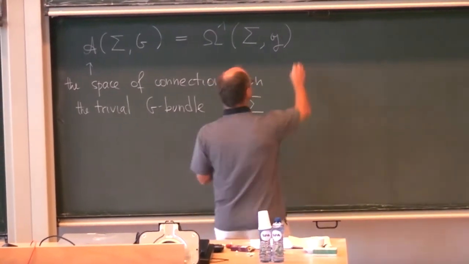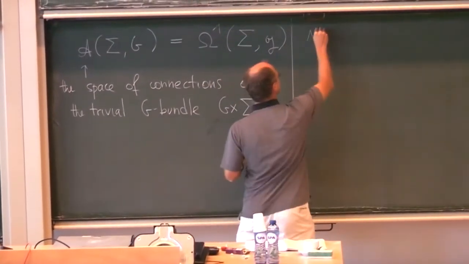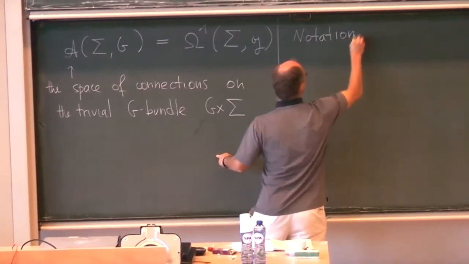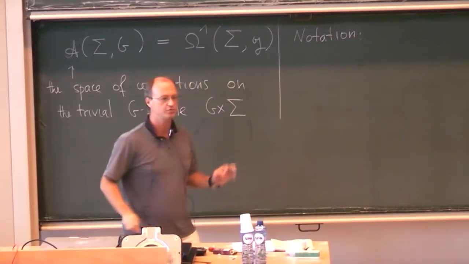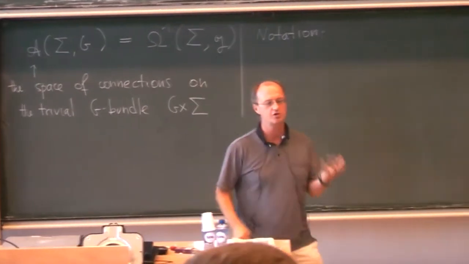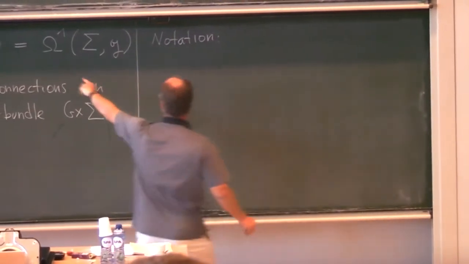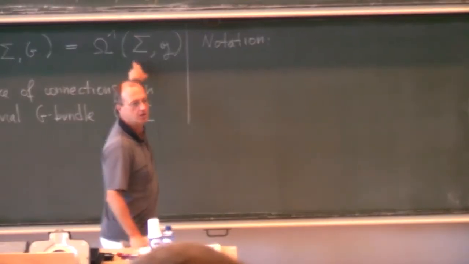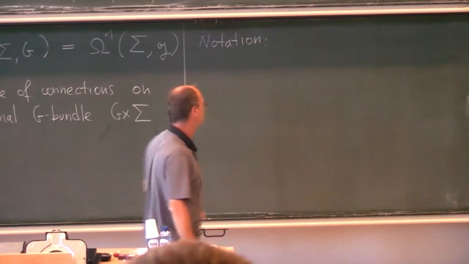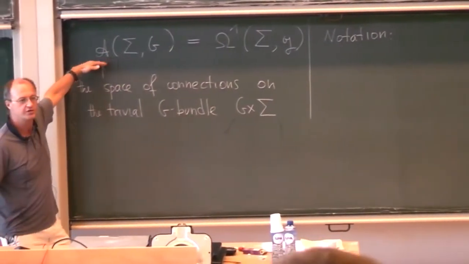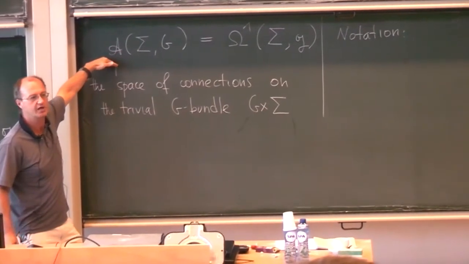Now, one piece of notation. You see, there will be some kind of confusion. We have a surface, and we'll have forms on the surface. So there is a de Rham differential on sigma. But also, we're going to work with differential forms on this infinite dimensional space of connections.